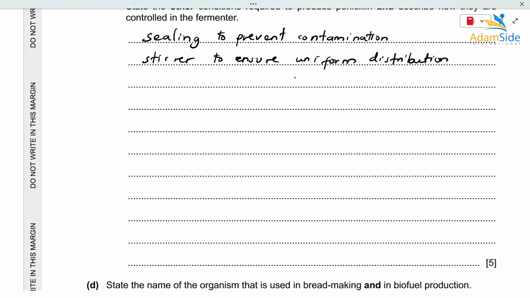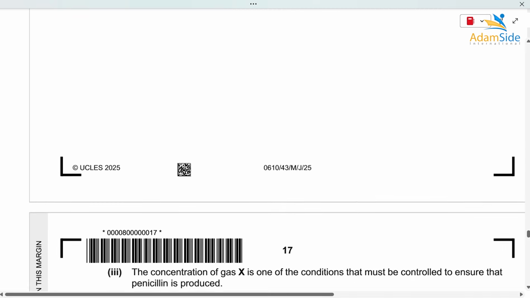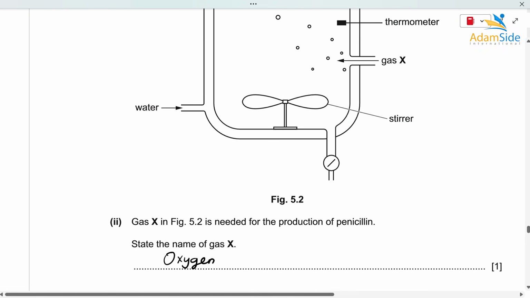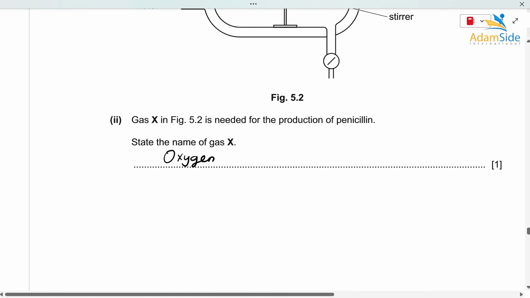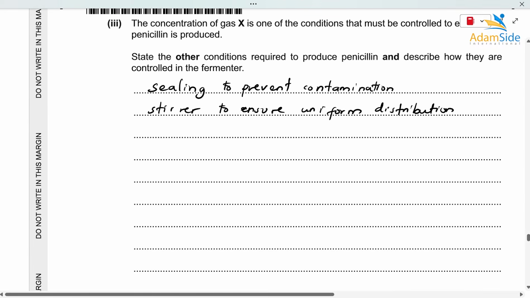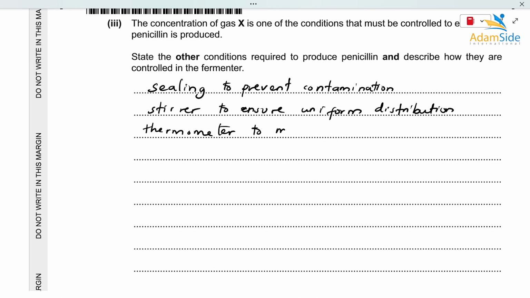Apart from that, we have a thermometer to monitor temperature, as we can see over there. Thermometer to monitor temperature for enzyme activity, because we know that temperature can affect enzyme activity.